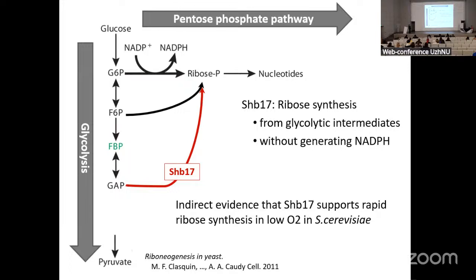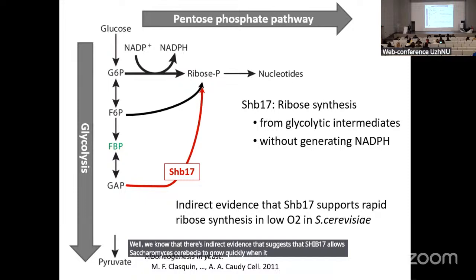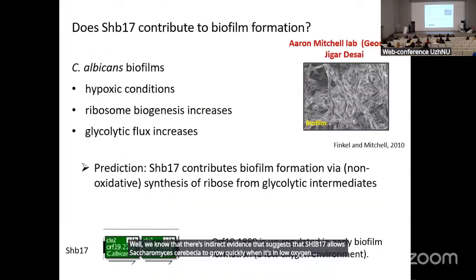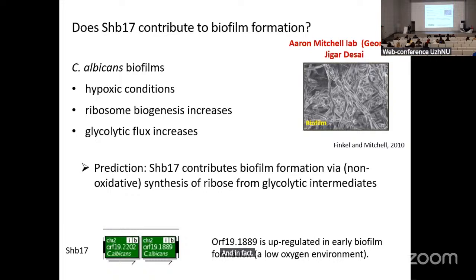We know there's indirect evidence that suggests that SHIB17 allows Saccharomyces cerevisiae to grow quickly in low oxygen environments. And in fact, if we think about properties of Candida albicans biofilms, low oxygen is one.